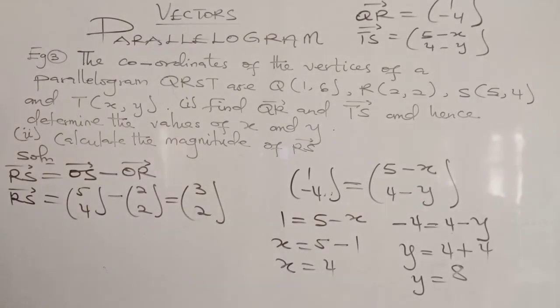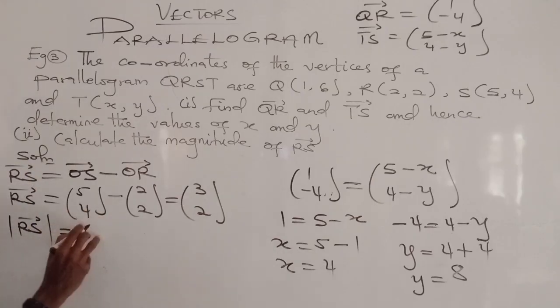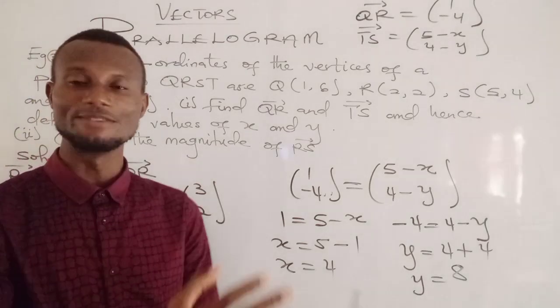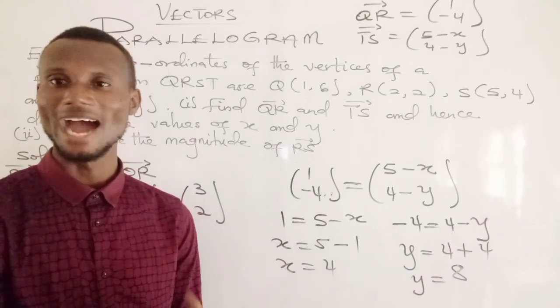To show that I want to find the magnitude of the vector RS, I'll bring two lines at the side of the vector RS. That is what shows that you are calculating for the magnitude. I've explained this a lot in the previous video. It's going to be the square root of the sum of the squares of the components of the vector RS.